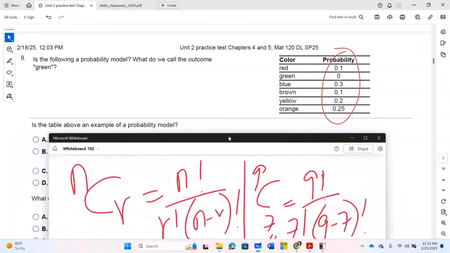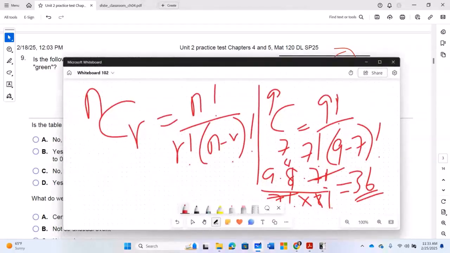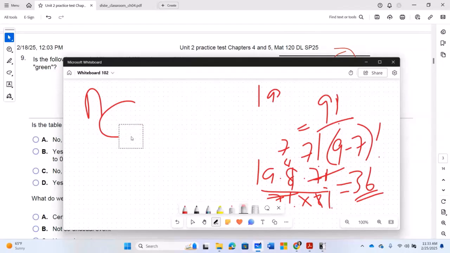Whenever I'm asked if a distribution is a probability model, it actually means to see if it passes the probability test. The rules of probability say that the sum of all the probabilities must be equal to 1. So that is the rule we are going to test now. Are all the probabilities in this model equal to 1?